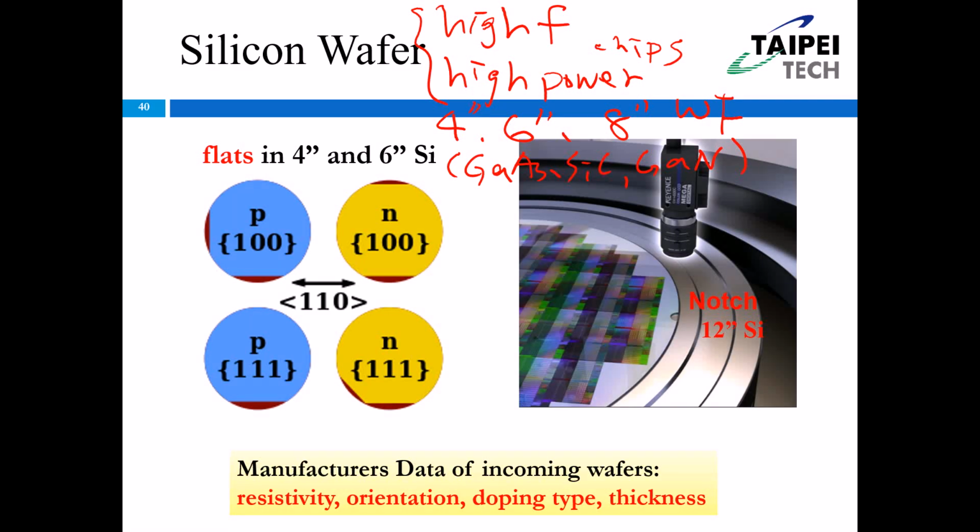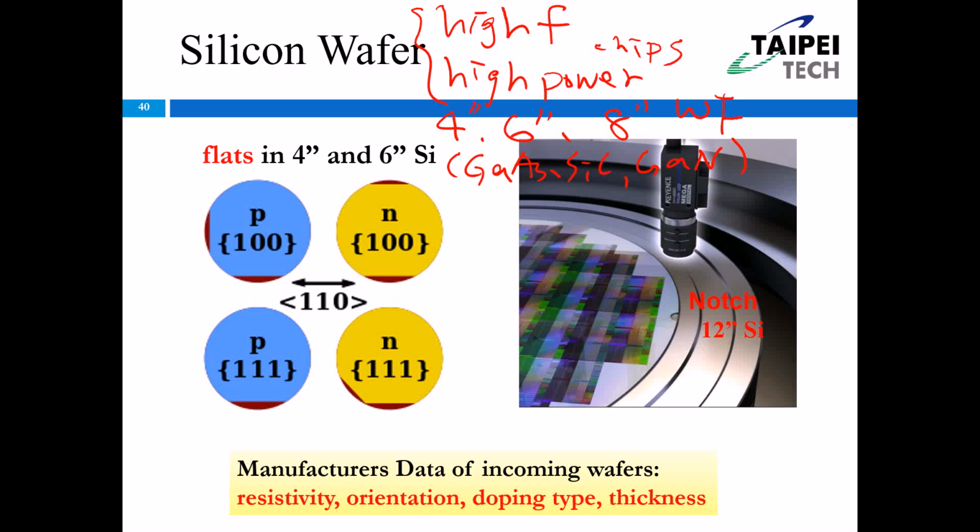Many years ago, just several years ago, the mass production was only 4 and 6-inch wafers. And right now, it's already moved on to 8-inch wafers. But I can say that maybe the performance uniformity or variation is still very, very large for the 8-inch wafer, okay?